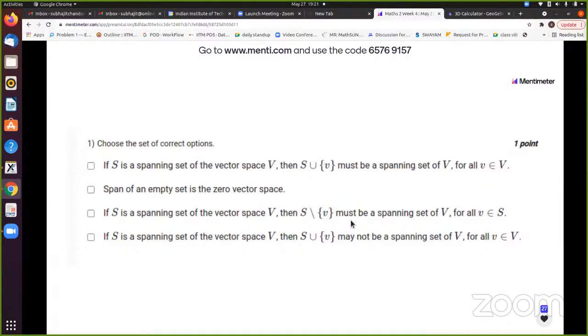Does a spanning set have only independent vectors? Not necessarily. It is only a spanning set, so the set may not be linearly independent. It may be linearly dependent also. But if the spanning set is linearly independent, then we call it a basis.